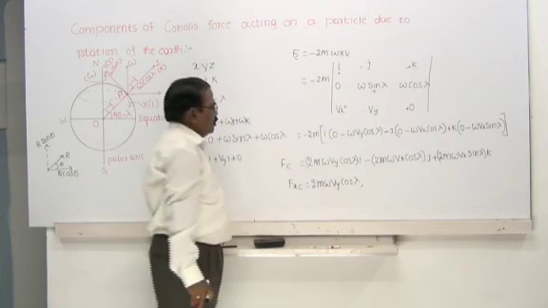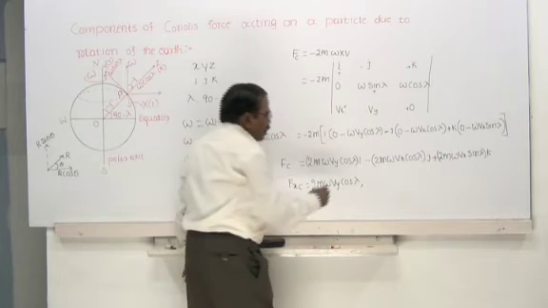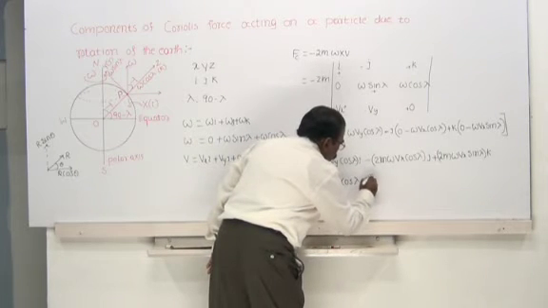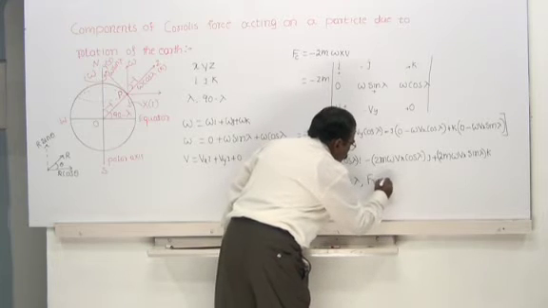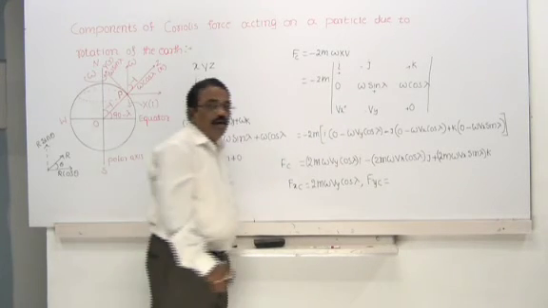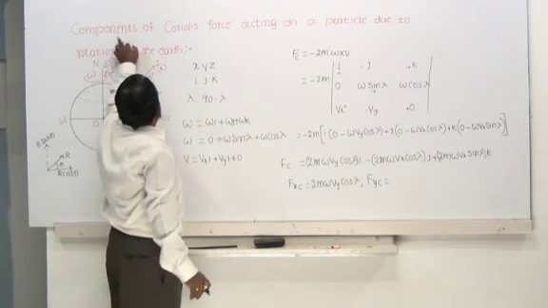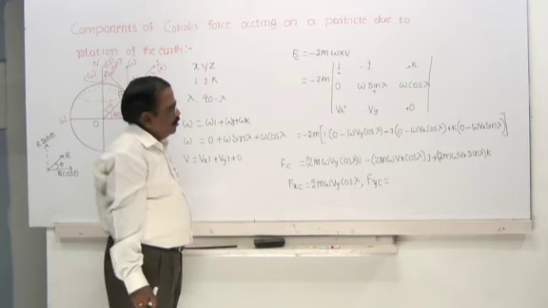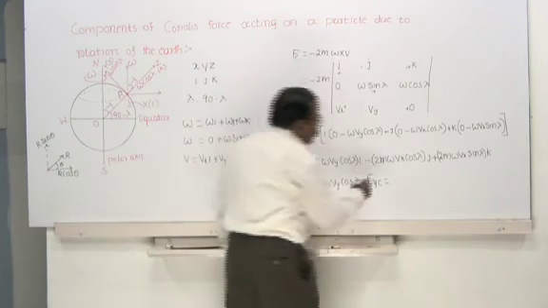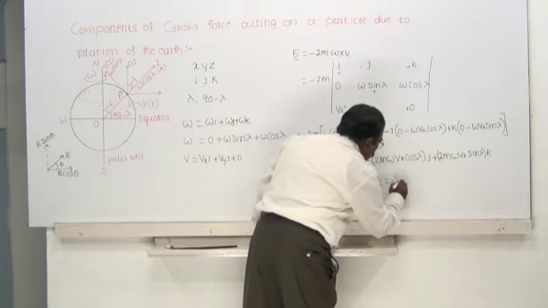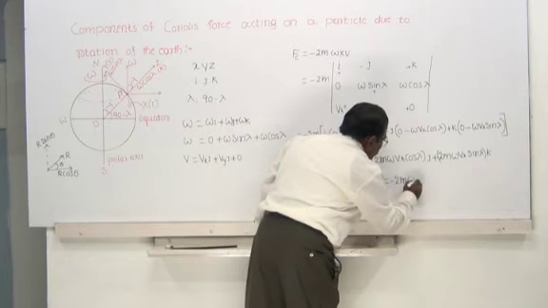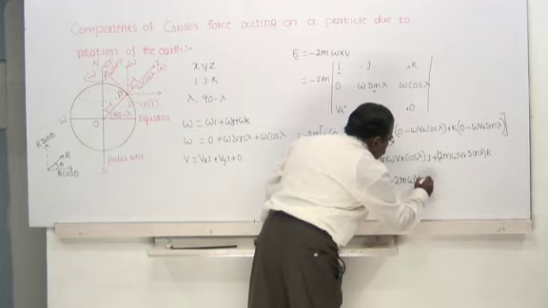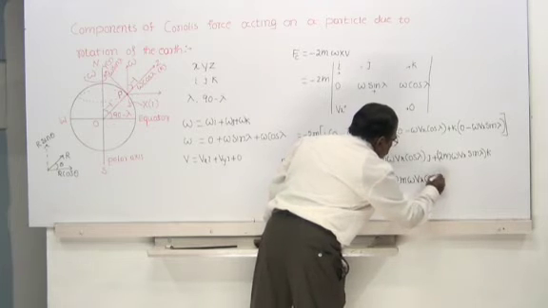Then I got another one, F_yc, that means the y component, is minus 2m omega Vx cos lambda.